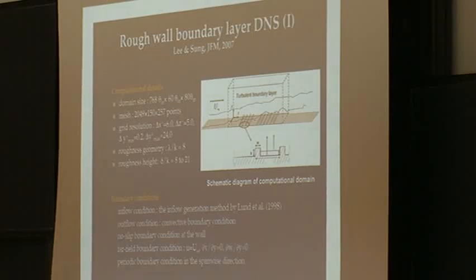And I think perhaps, if I can be provocative and frank, I think that maybe a lot of the discussions and the conflicts that we have seen over the years entered when the DNS people came in and did the rough wall channel flows.